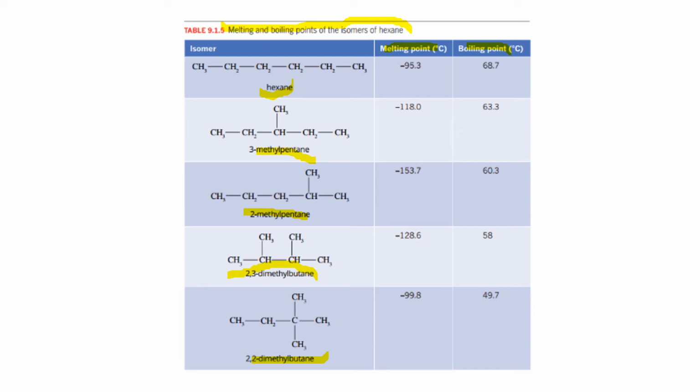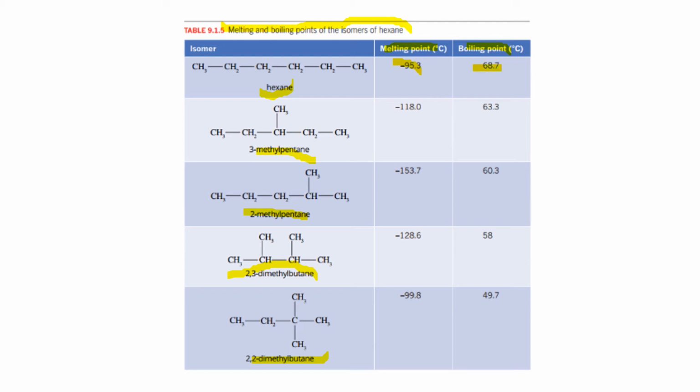You can see that if that particular alkane structure does not have any branching, the melting point is actually very high, which means that if branching occurs in a way that it will make it more compact, it reduces the surface area of one alkane and another, and because of that, it will actually reduce the melting and the boiling point of the structure. So look at hexane, for example. Hexane actually has the highest melting and boiling point as compared to the other structures.